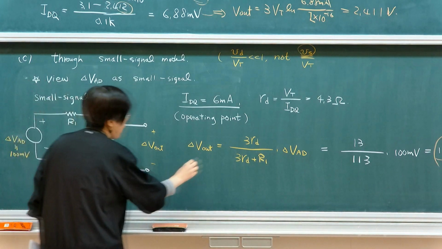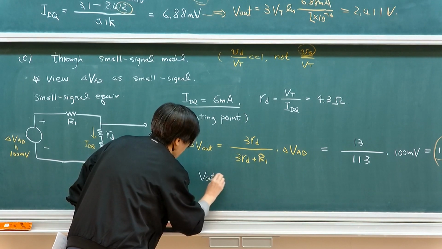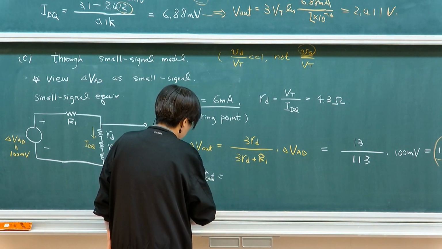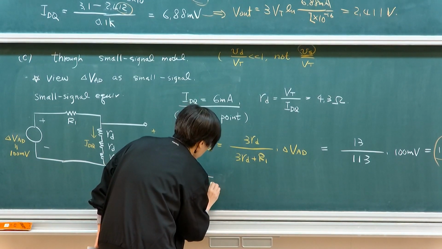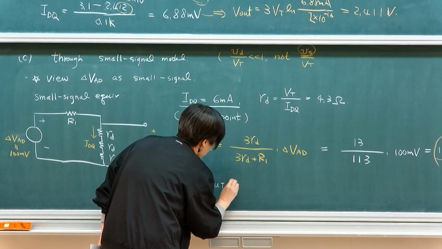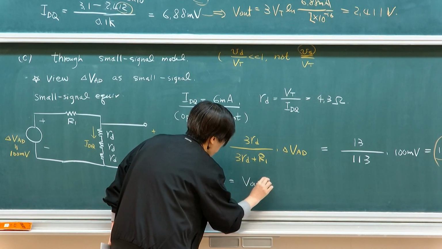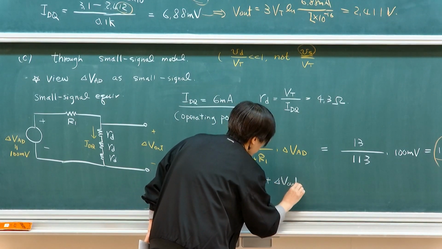So that is to say that in this case, if I'm following my example, the total signal will be VL, the DC level, plus a delta VL.